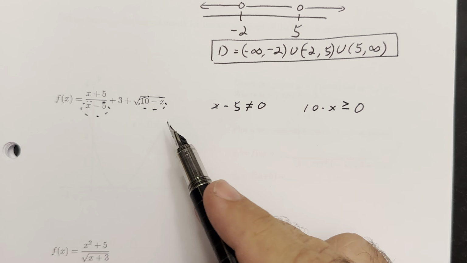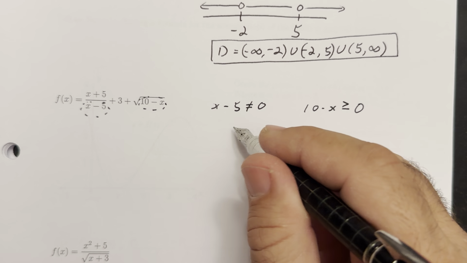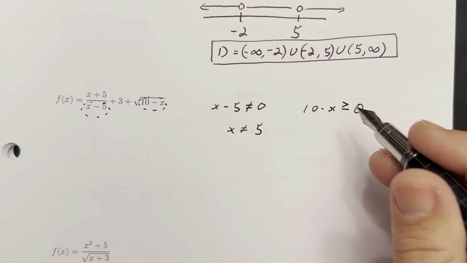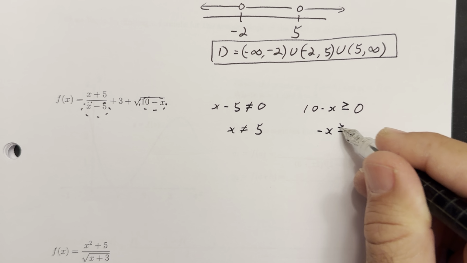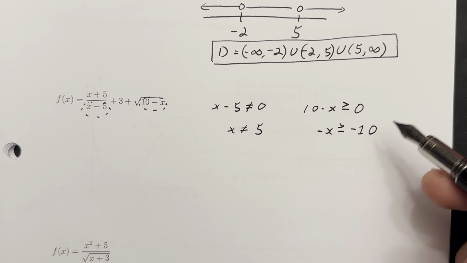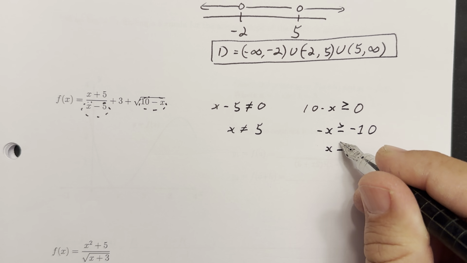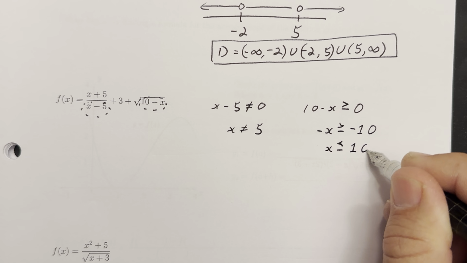Because 10 minus x is what's inside the square root. And so once again, we see that x cannot be positive 5. And over here, we've got negative x is equal to or greater than -10. And then multiply both sides by -1 to find that x must be equal to or less than positive 10.